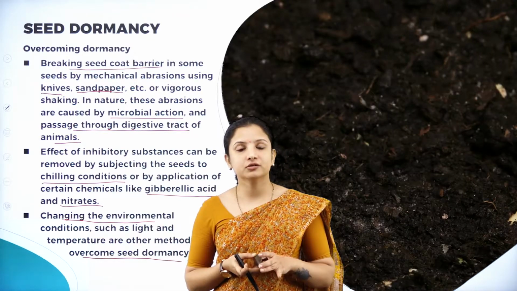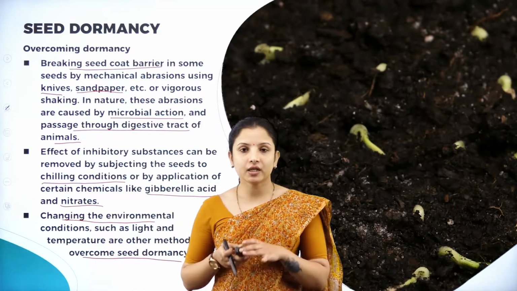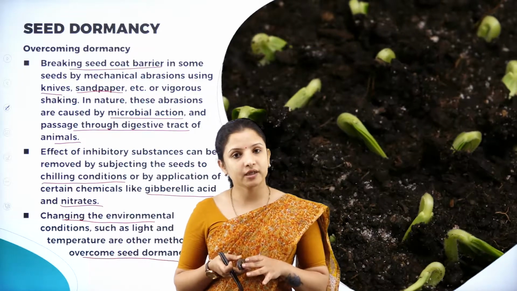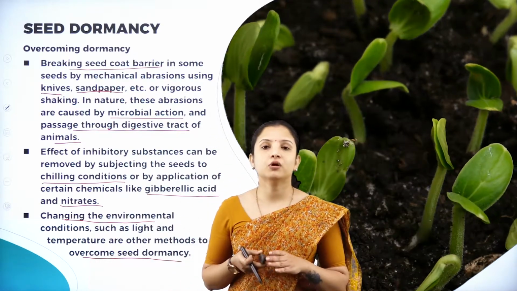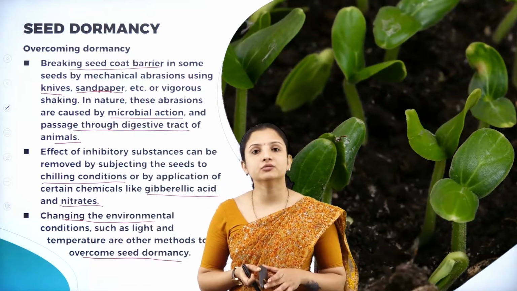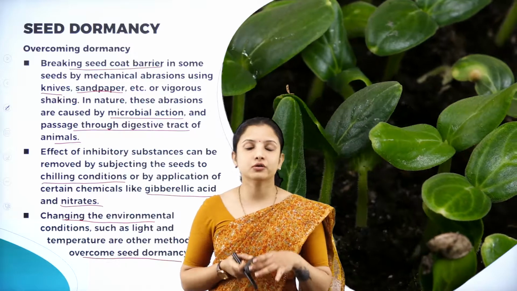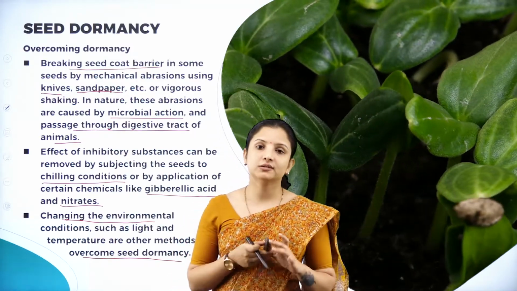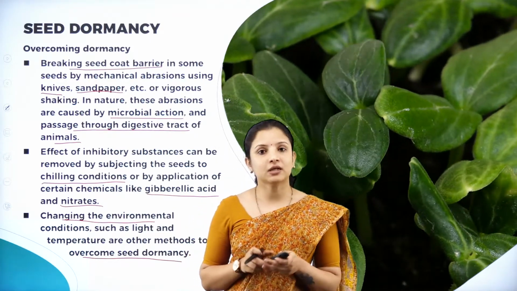And we also understood vernalization, which is nothing but the flowering in a plant that occurs when the plant is subjected to a particular temperature. And we also understood seed dormancy, what the factors are that induce seed dormancy, and what we can do in order to break the seed dormancy so that the seeds can germinate. So with this, the chapter comes to an end.